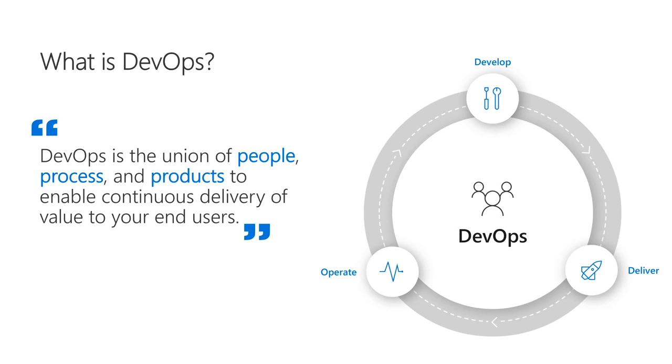People, process, and product that's going to enable continuous delivery of value. I didn't say continuous delivery of software. I said continuous delivery of value to your customers, to your end users. At a very high level, that's exactly what DevOps is and what it's meant to attack in terms of the problem space.